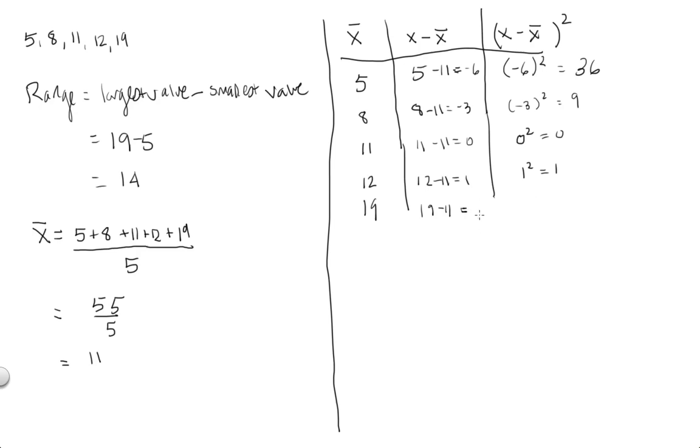Excuse me, not 6, 8. 8 squared is 64. So, standard deviation is this big ol' square root of the sum of those squared differences.